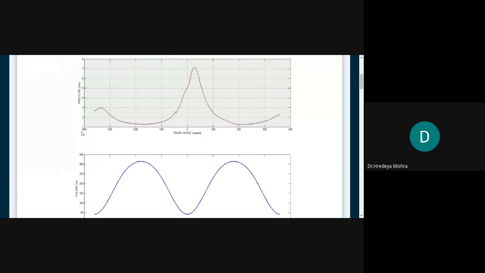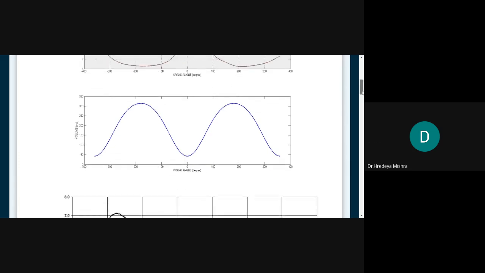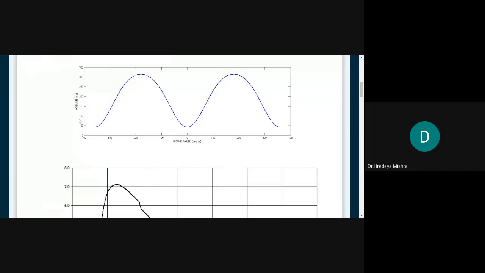Pressure in bar, 1 2 3 4 5 6, and crank angle in degrees. Here volume in cc, means cubic centimeter, and crank angle in degrees.